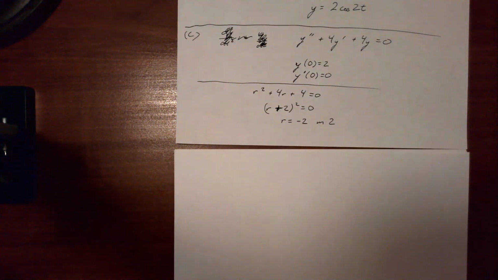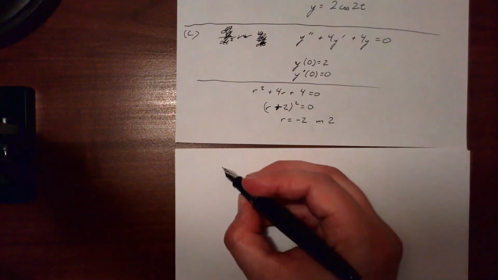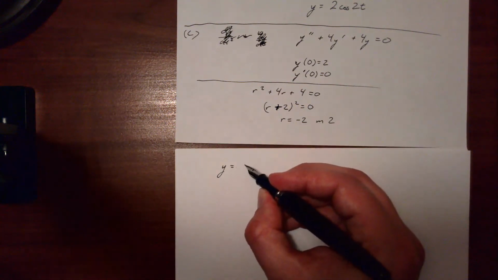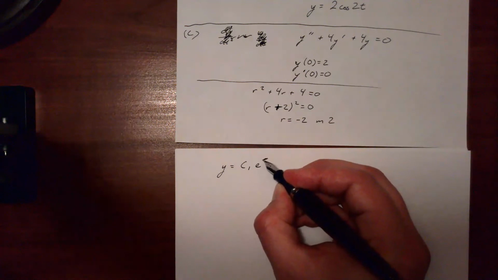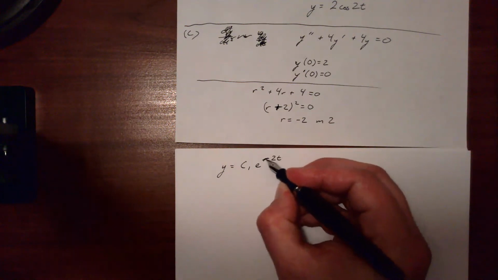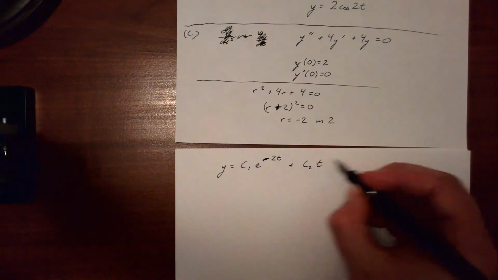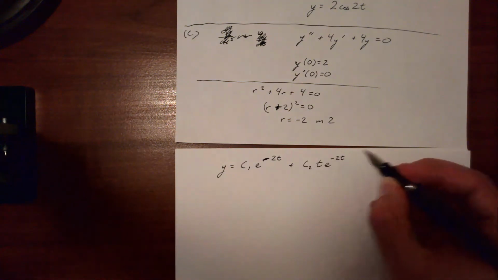Alright, well, if that's the case, then we are going to have the third case here of our solutions. That's going to be c1 e to the negative 2t in this case, plus c2 t e to the negative 2t.